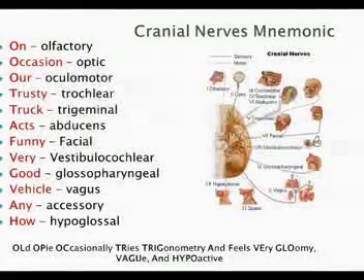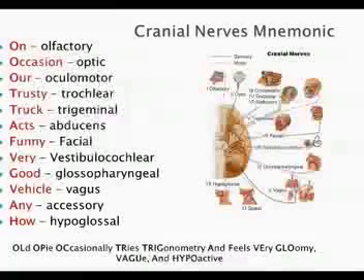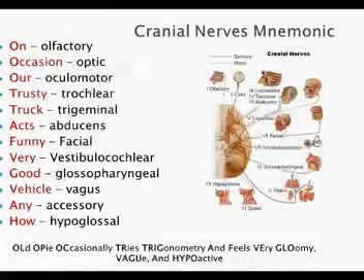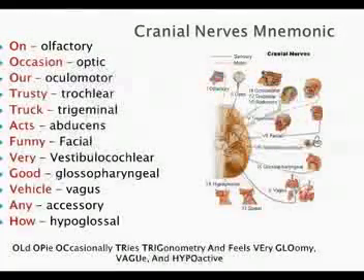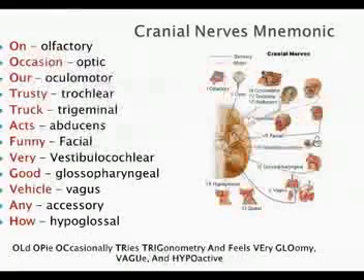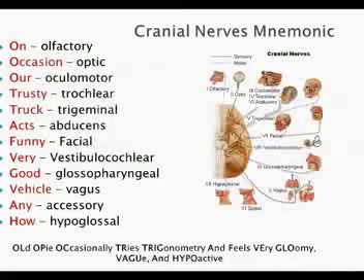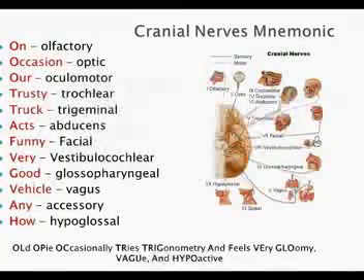And they go olfactory, optic, oculomotor, trochlear, trigeminal, abducens, facial, vestibulocochlear, glossopharyngeal, vagus, accessory, and hypoglossal. The mnemonic that we use is, on occasion, our trusty truck acts funny, very good vehicle anyhow. Again, feel free to Google these because there are ones that are a little bit more memorable out there, but for this class, we're keeping it PG.